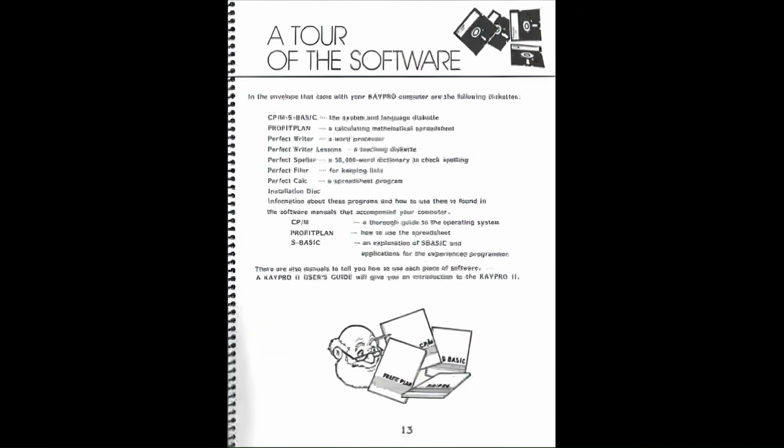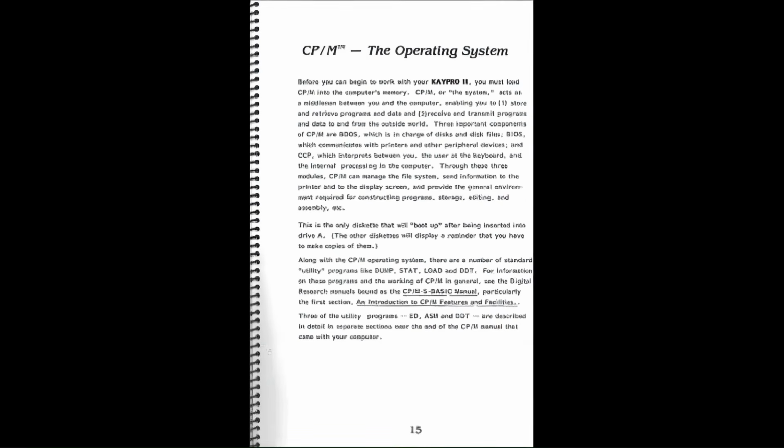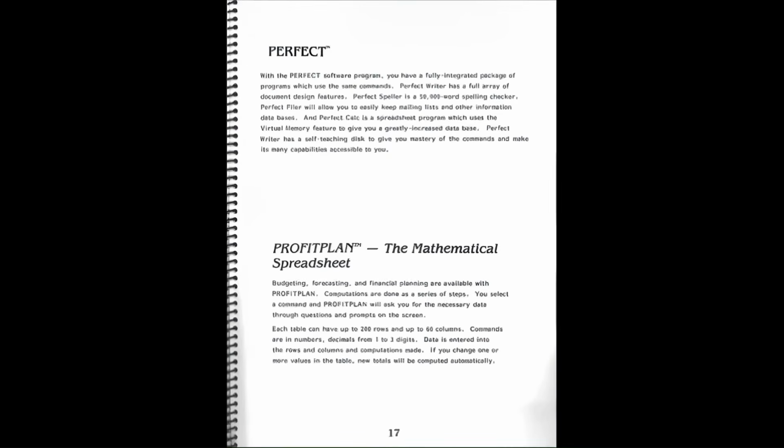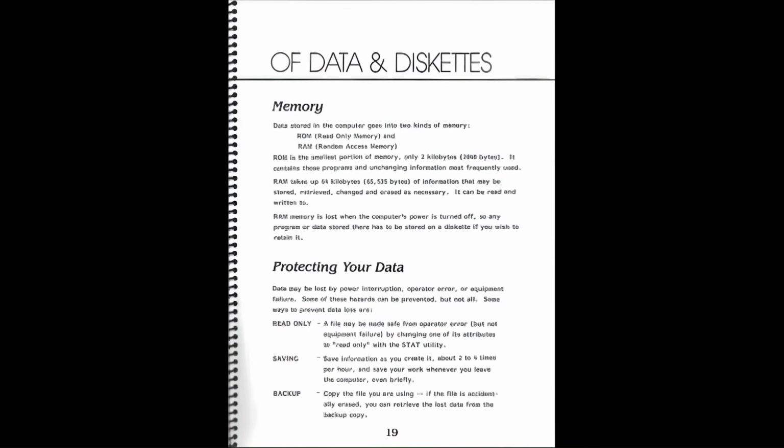So some whimsical diagrams are used. It talks about the various parts of the computer, how you might set it up, the operating system itself, and a little bit of information on the software, just an overview really, because the software was covered in specific manuals.